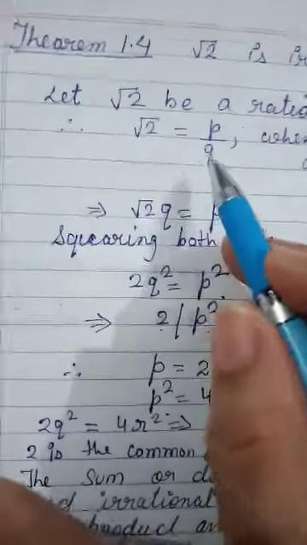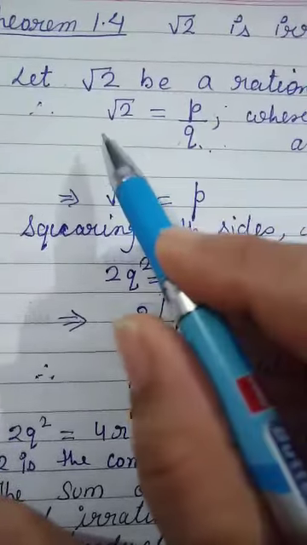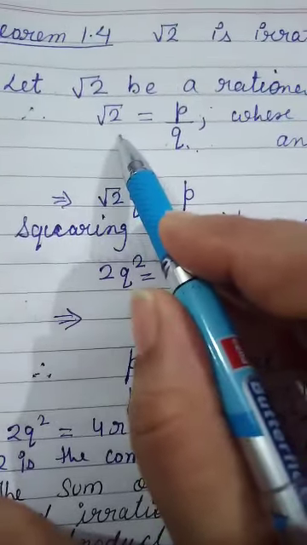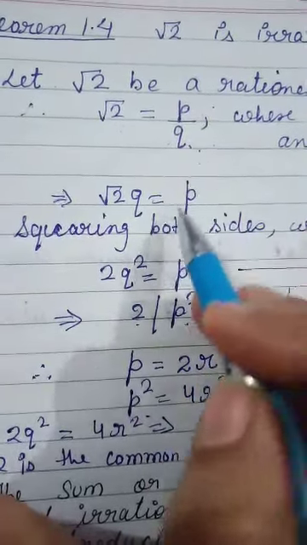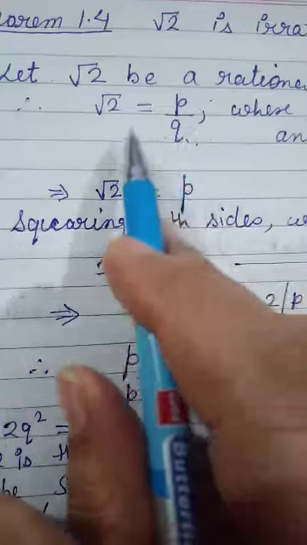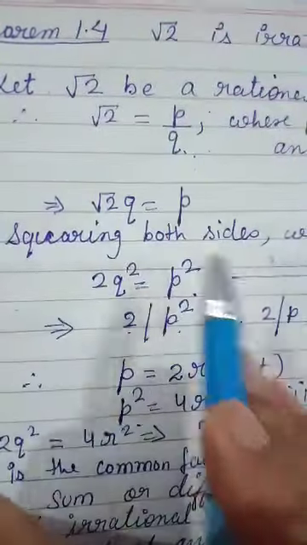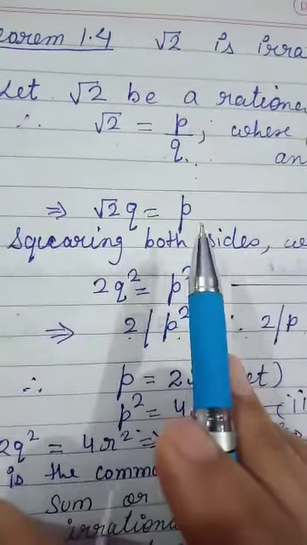This is the definition of rational numbers. So as we let that root 2 is rational number, therefore root 2 is equal to p upon q. Now by interchanging their position, cross multiplication, root 2q is equal to p.